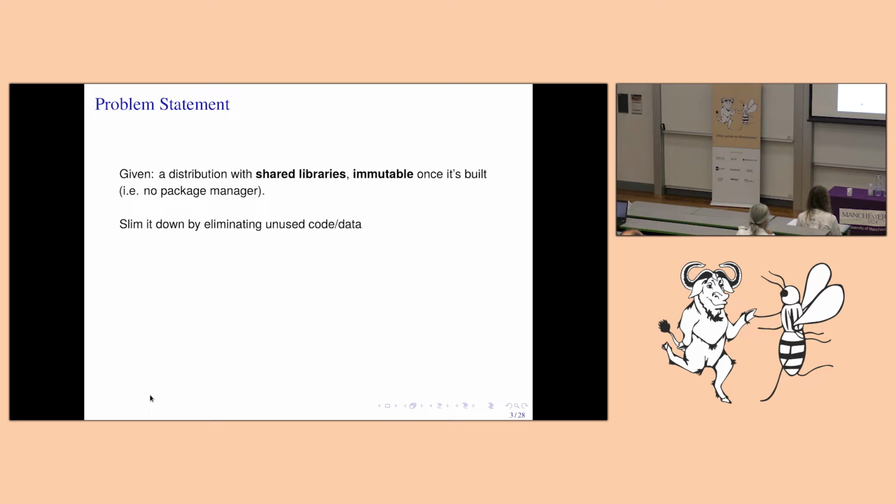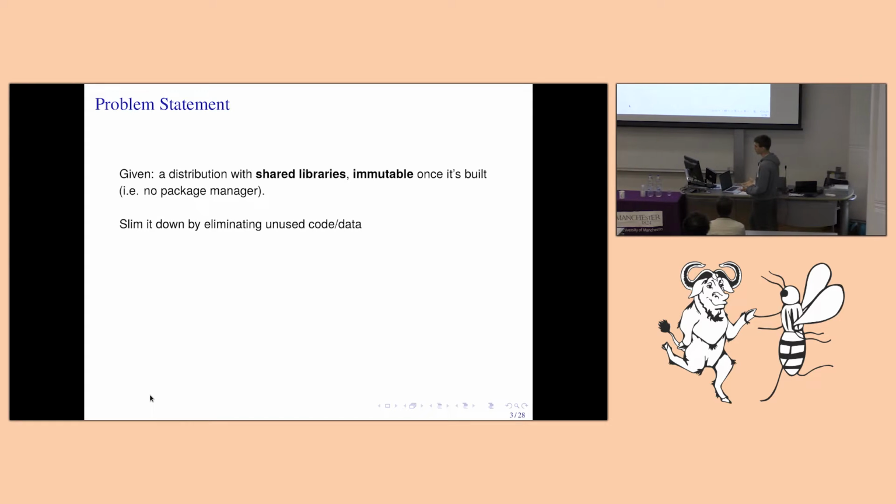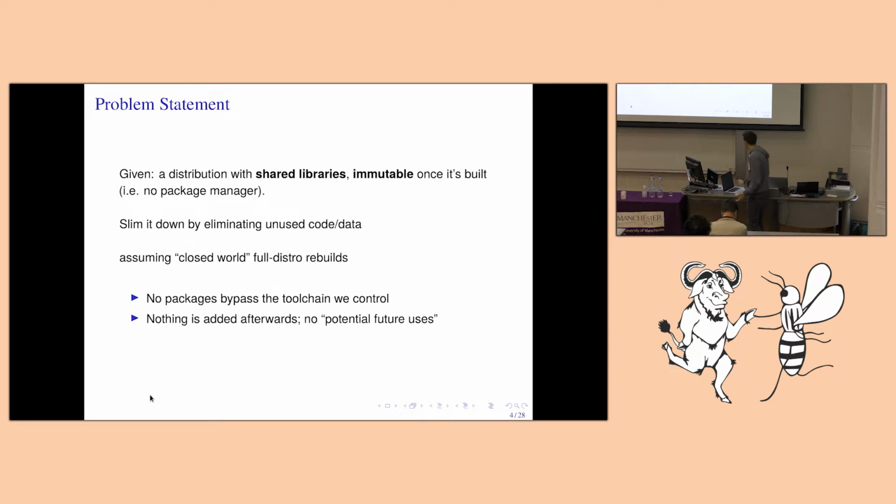So there are no packages or executables which could be added after it has been installed. The fact that it has shared libraries makes the problem new, because if it didn't, then for static linking the problem has been solved before. I'll show it in a minute. And the immutability makes it solvable.